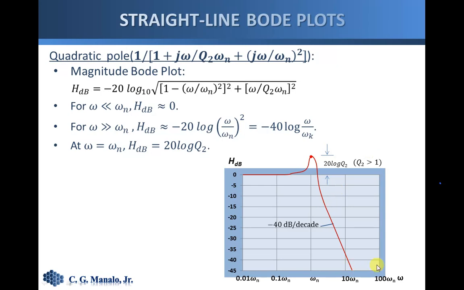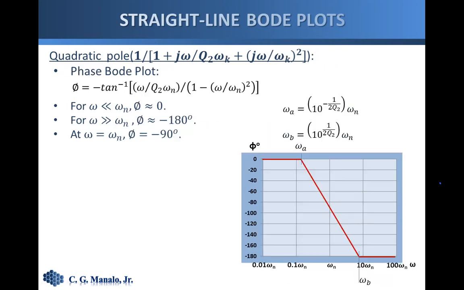So again, at omega equals omega n, it is not 0, and this line makes 40 dB per decade. Okay, now the Bode plot for the quadratic pole would look like this, where omega A and omega B are defined as these formulas.